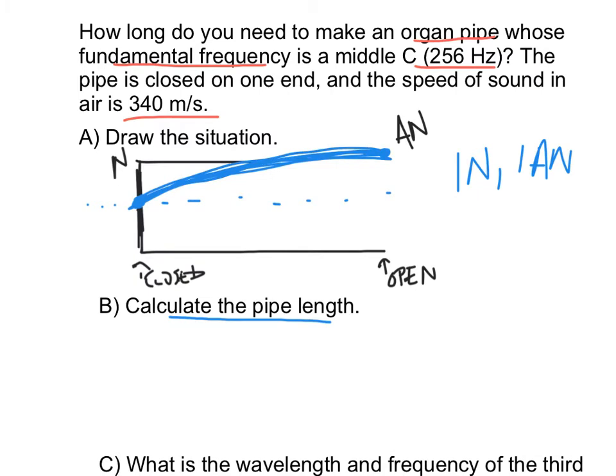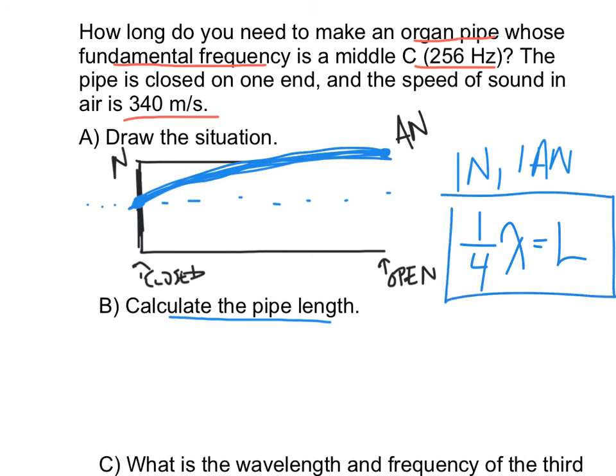Notice that we haven't drawn one full wave oscillation. We've only drawn 1/4 of a wave. And so the relationship between the wavelength and the length of the organ pipe is this: that 1/4 of the wavelength is equal to the length of that organ pipe. If I can calculate the wavelength, then I can figure out the length of the pipe itself.